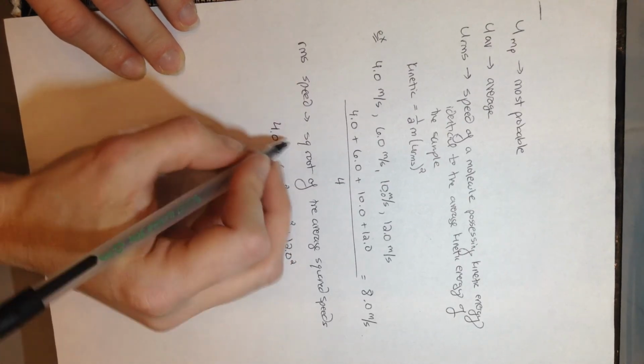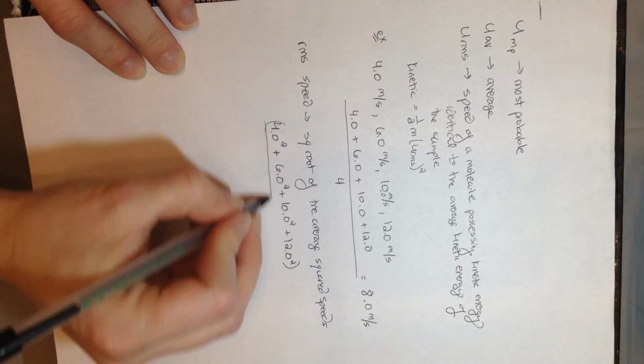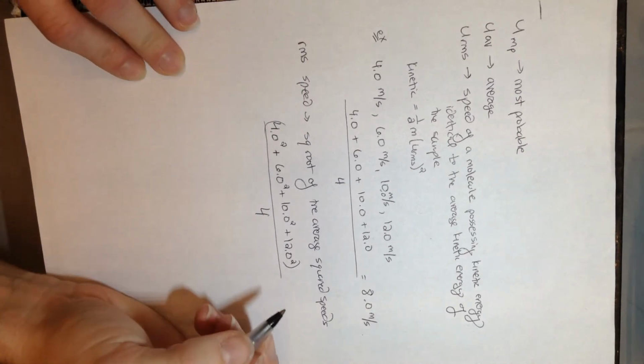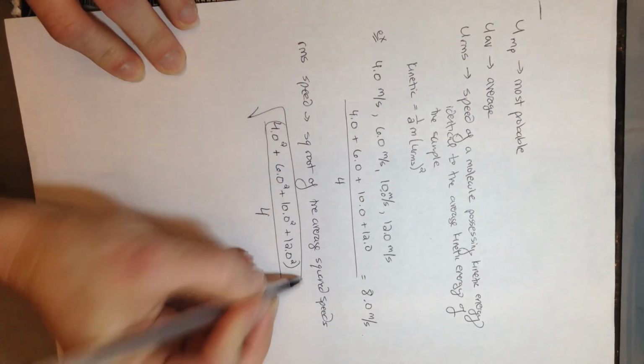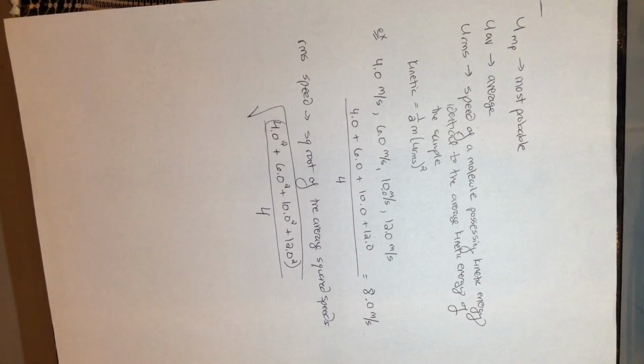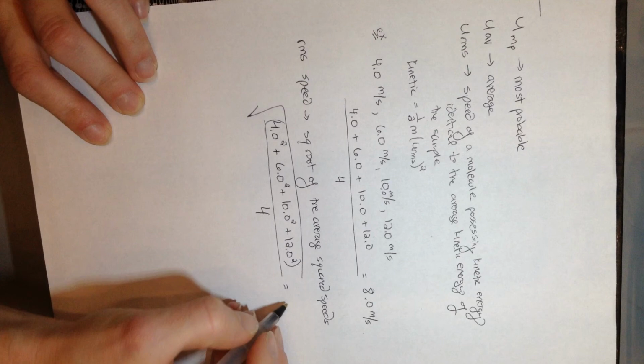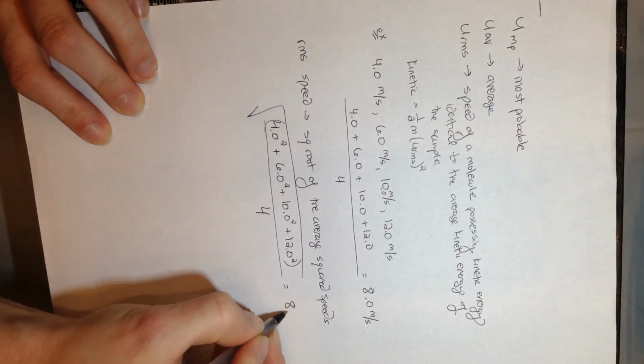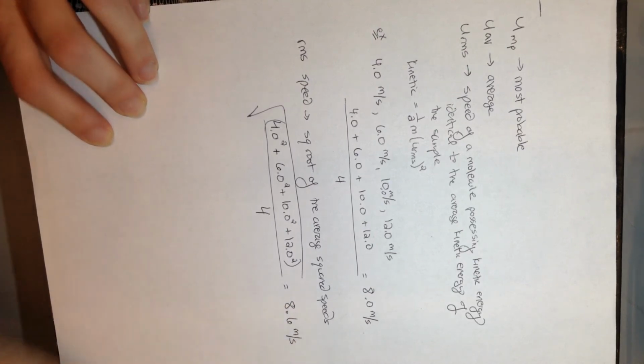Okay, each of those is squared. So we're taking the average of those squared speeds, and then we're taking the square root of the whole thing. When we do that, we get, for the root mean square speed, 8.6 meters per second.